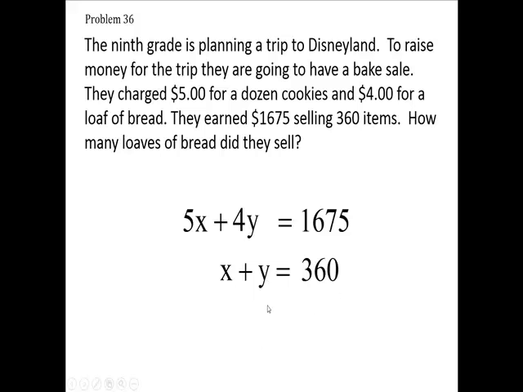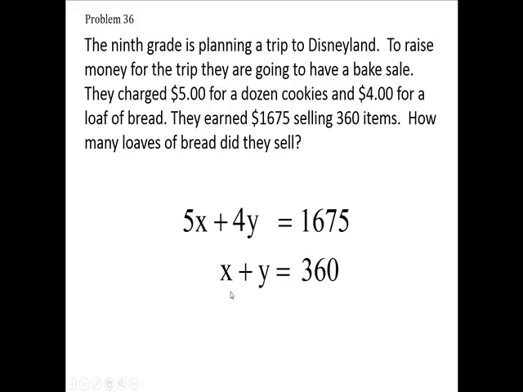Now, I'm going to take negative 5 times X. I have 5X on the first equation and X on the second equation. If I want to get rid of the X, I want to turn this into a negative 5X.